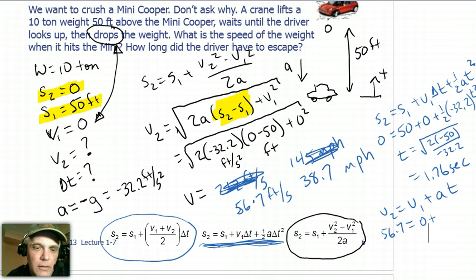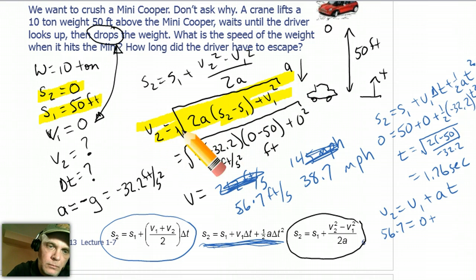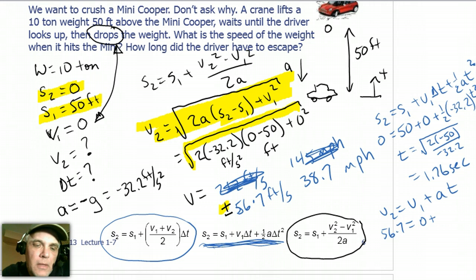This will make another good point. We calculated V from this equation right here, which involved taking a square root, and so that actually gives us two answers, plus or minus. The question asked for speed, so giving a magnitude of 56.7 feet per second is fine.